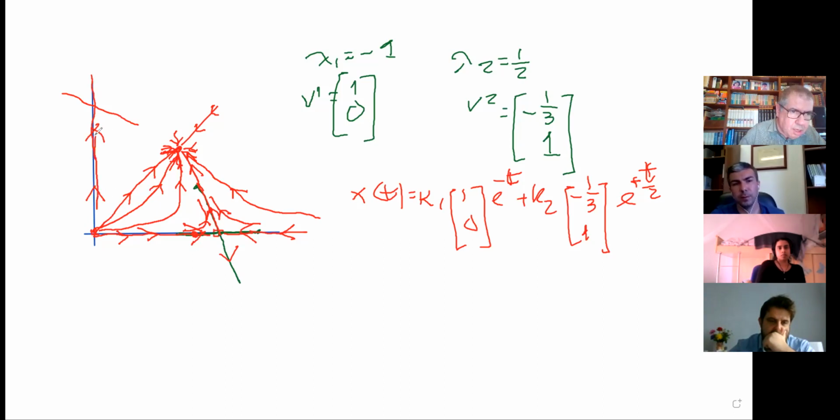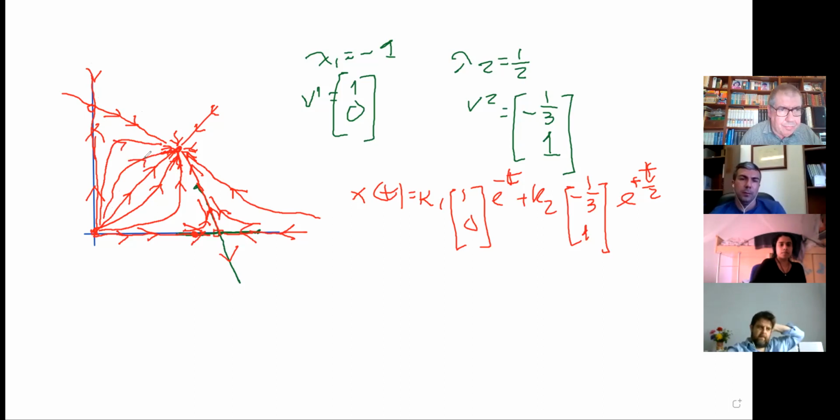Actually, over the axis, you stay at the axis, and you have an equilibrium point. And then if you do a similar analysis, you probably do something like this.